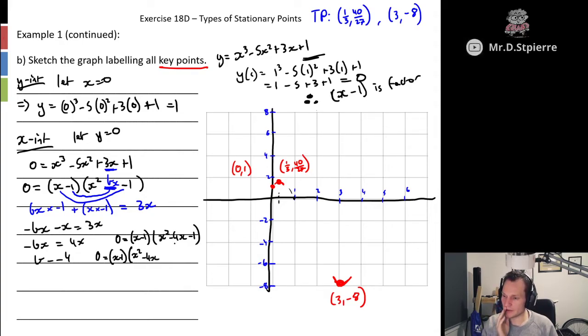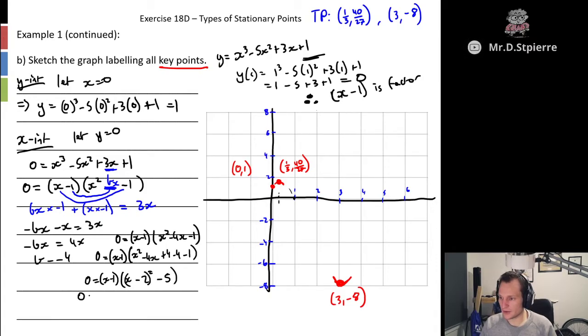We halve it and then square it. So 4 divided by 2 is 2. 2 squared is 4, so we write plus 4 minus 1. So 0 is equal to x minus 1, x minus 2 all squared minus 5.